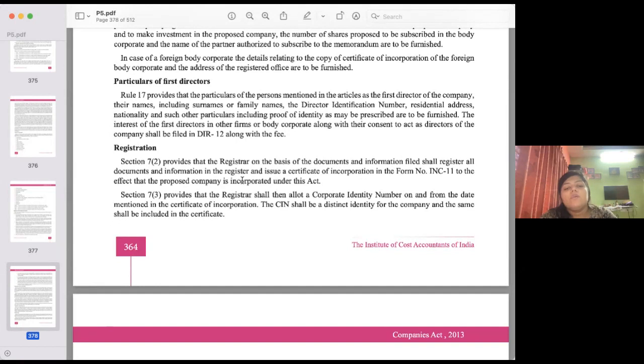Registration. All of these are very important for articles of association because of the first shareholders of the company, the members. In a public company, you need a minimum of 7 members. In a private company, you need a minimum of 2. So all of those 7 members who will initially be a part of the company, and they'll promote the company, they will get the company documents registered with the ROC.